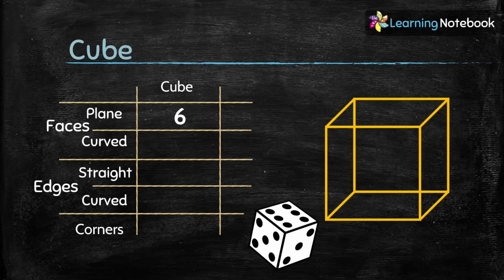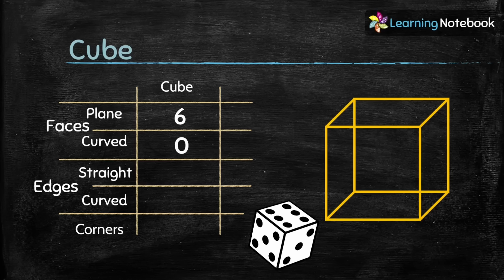Students, you can easily remember number of plane faces of a cube with the help of a dice. A dice has numbers up to 6 because it has 6 plane faces. Now curved face, a cube has 0 curved face.